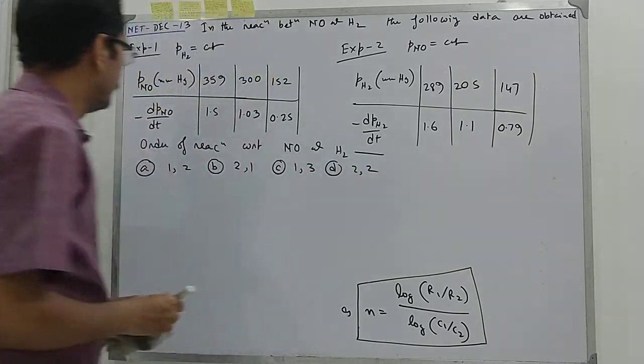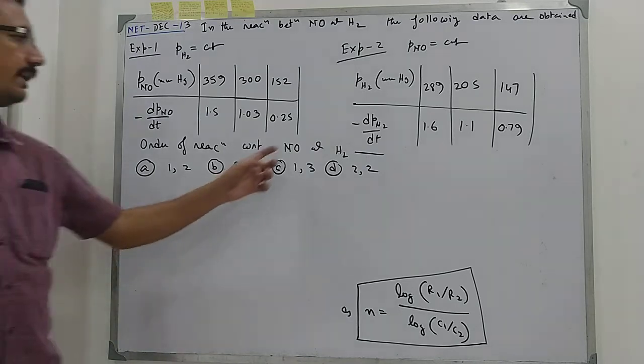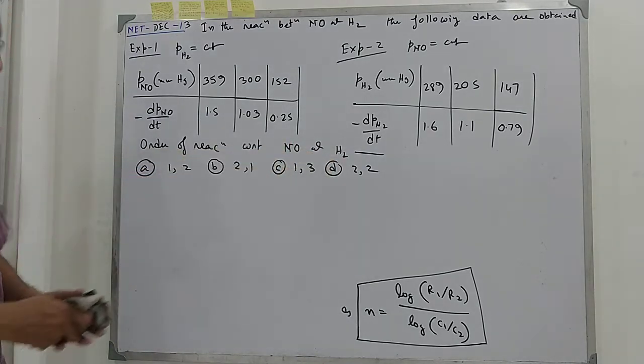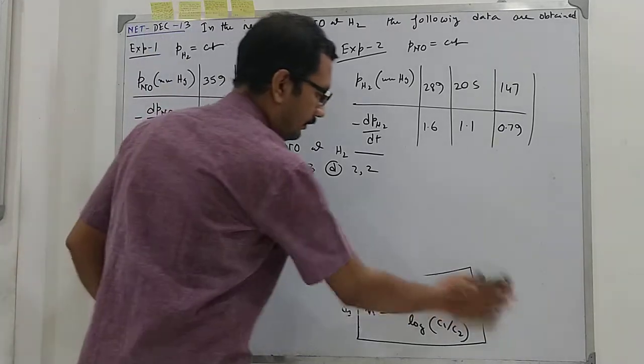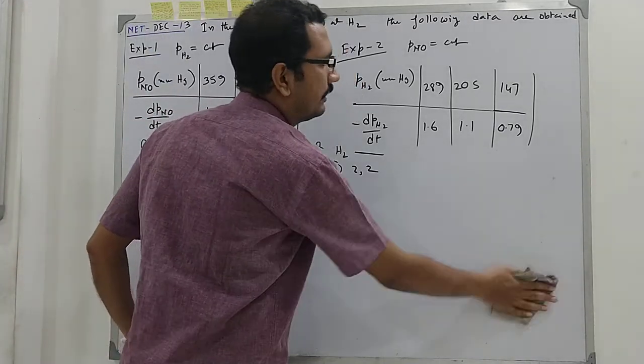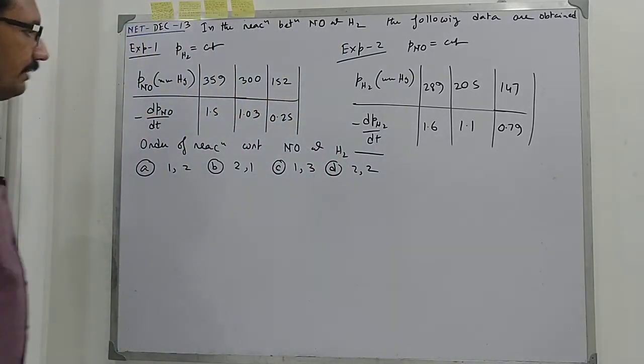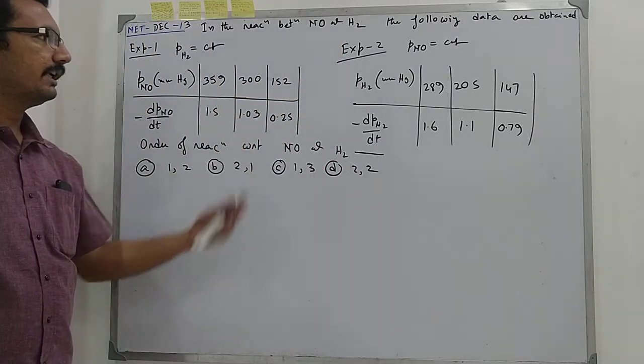These are the options given. You have to find the order of the reaction with respect to NO and H2. So this is another problem by studying which you will get the idea how to find the order of the reaction.